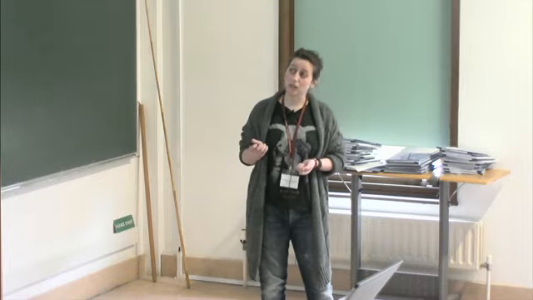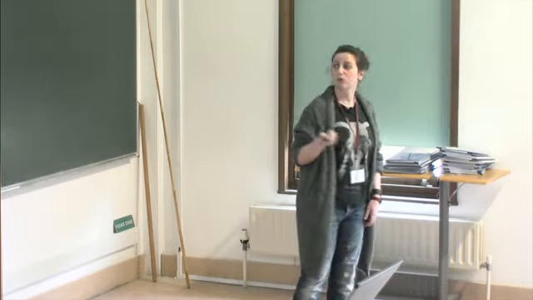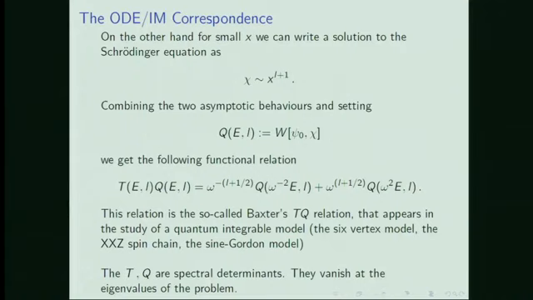Why is that important? Because this is the so-called Baxter's TQ relation, and this functional relation appears in the study of the quantum sine-Gordon model, or if you want to say the 6-vertex model, or the XXZ spin chain. I forgot to say that T's and Q's are actually spectral determinants, so they vanish at the eigenvalues of the problem, because we've considered the problem at 0 and at infinity.